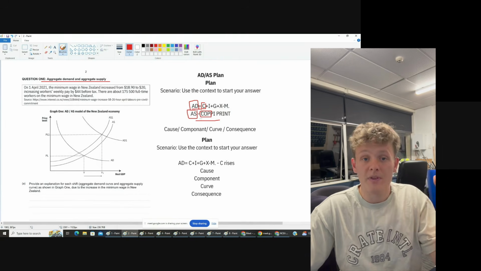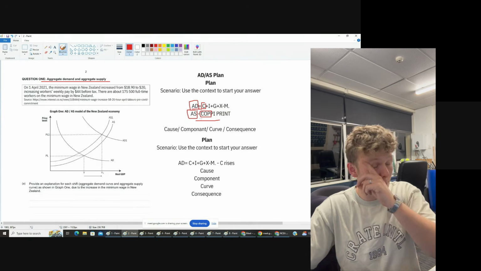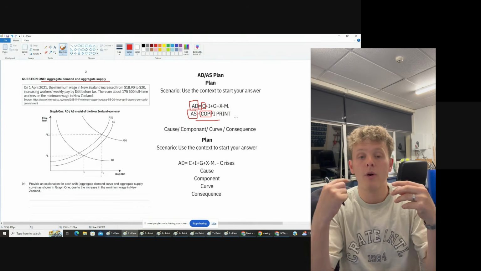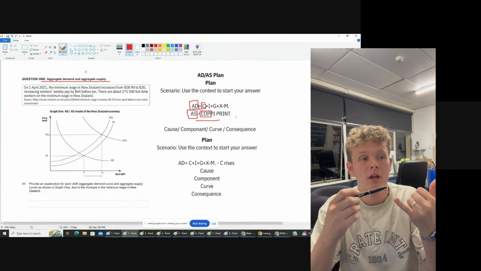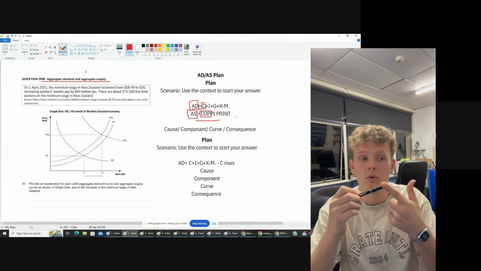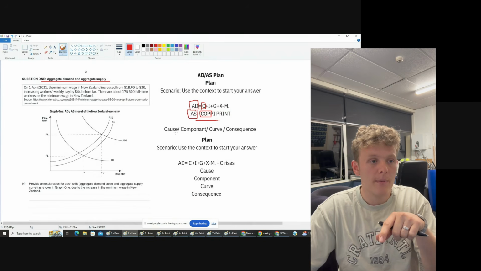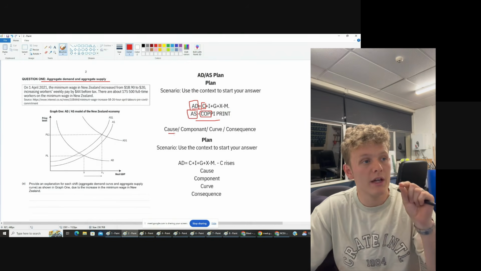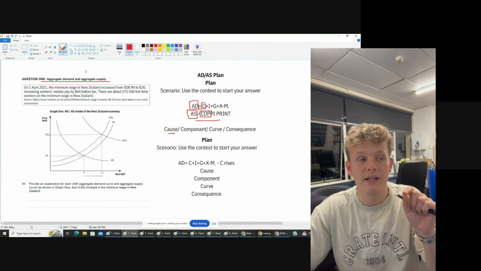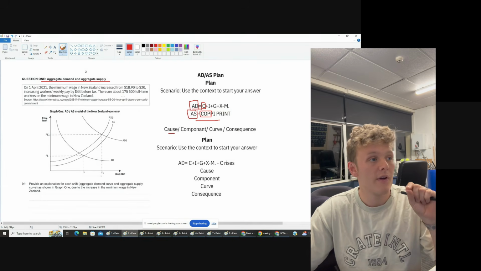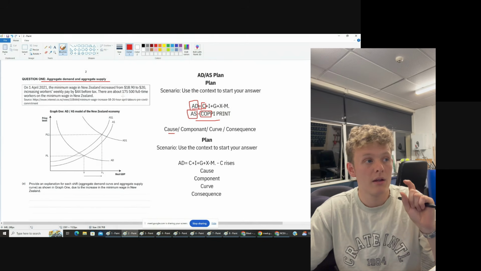Nice. Then to explain the shifts, which we're going to do in part A, we need to use our 4-sentence structure: cause, component, curve, consequence. So for our cause, reference that resource material. Because of the increase in the minimum wage from $18.90 to $20, workers have increased pay.